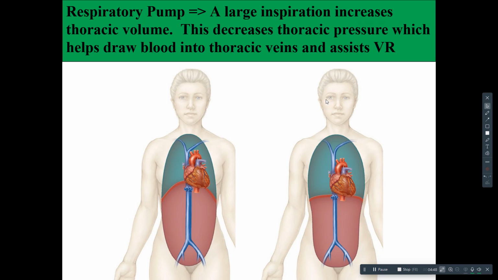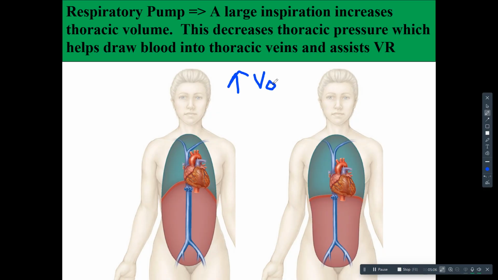There's another pump we've got. When we take a deep breath in, here is before the deep breath, here is after the deep breath. Notice that the greenish area, the thoracic cavity, its volume increases.